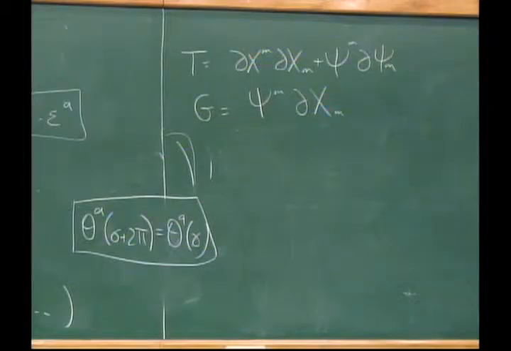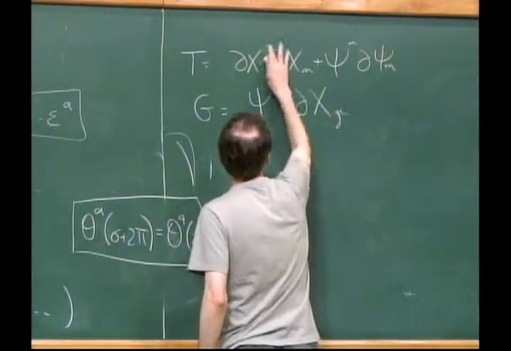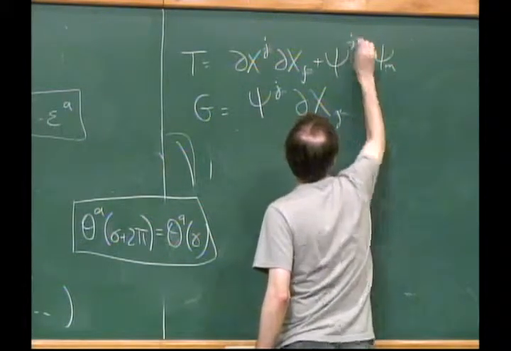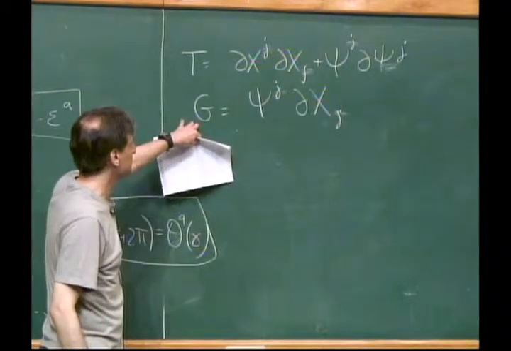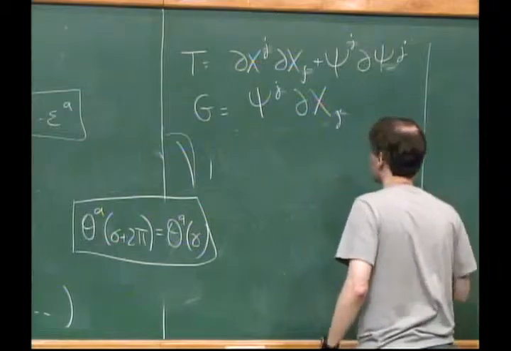And if I just replace the m's with j's, so if I go to light cone gauge, and I consider this T and G, I can consider a further breakdown in which I construct, let me write it here.